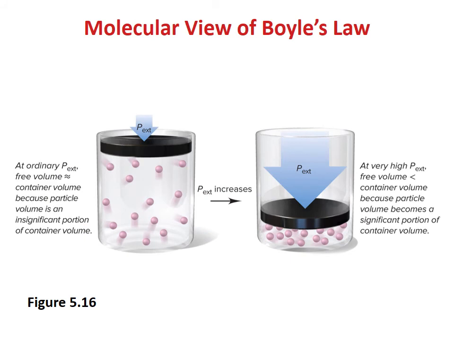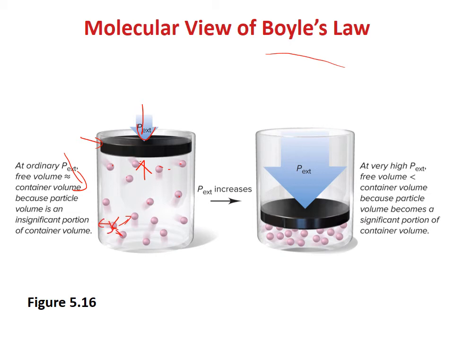Let's see how kinetic-molecular theory explains Boyle's law. Here is a cylinder with a movable wall, and inside the cylinder there's a collection of molecules, just dots moving randomly in all directions. At equilibrium, the gas pressure equals the external pressure, and there's an average distance between the gas molecules and the wall.